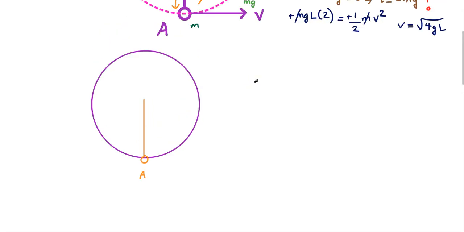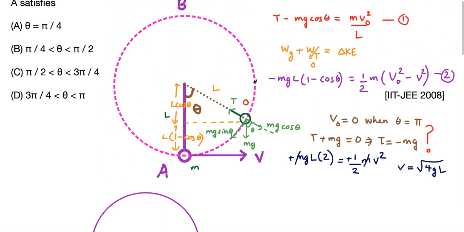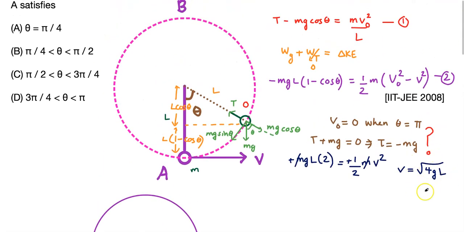Right, so we have the bob that was released from point A. We actually got a speed of square root of 4gl, and I'm a bit confused, right?